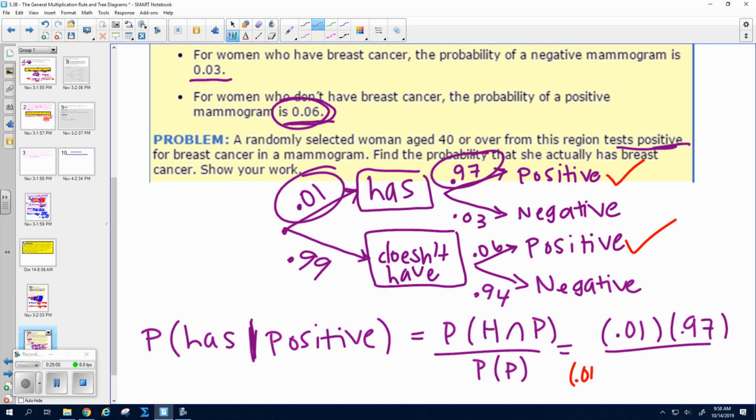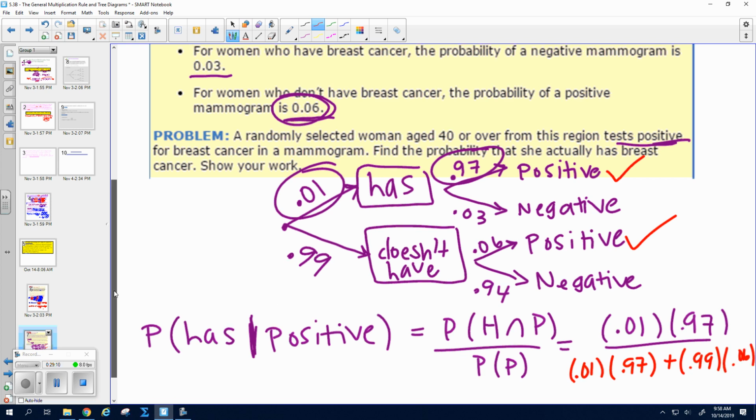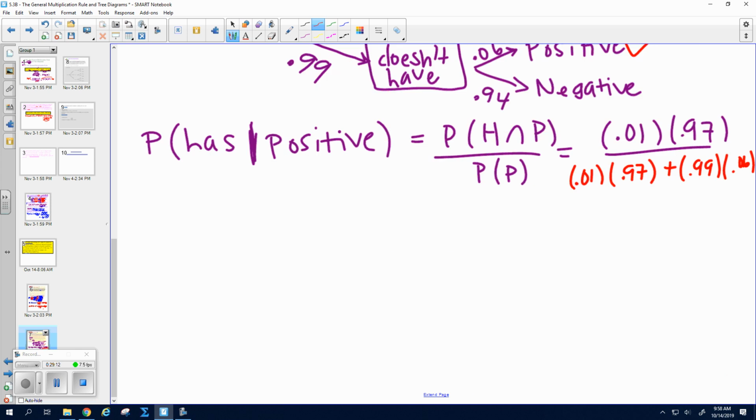Yep. Yep. All right, so in the denominator, you're adding both pathways to positive, and you multiply each of those pathways together. Okay, calculate that out, and you get 0.14.